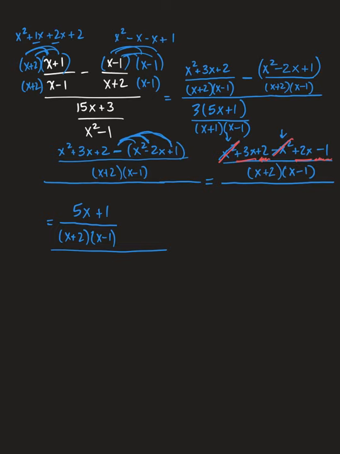So I would write that here. And I would write it here. But I'm going to go ahead and transfer that down to 3, 5x plus 1, all over x plus 1, x minus 1. And now I'm ready to multiply by my reciprocal.